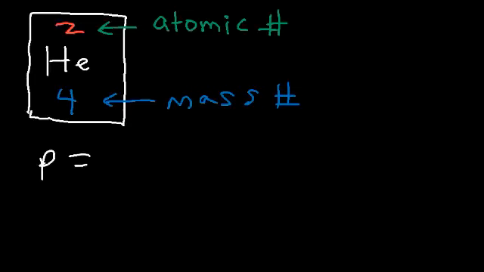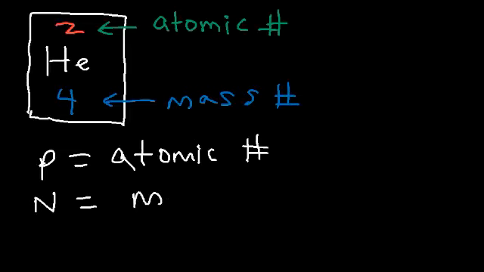The number of protons is equal to the atomic number. It's always like that. So because helium has an atomic number of 2, it has 2 protons. The number of neutrons is equal to the mass number minus the atomic number.